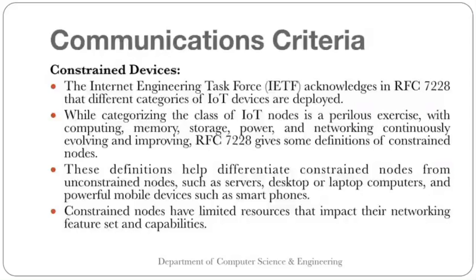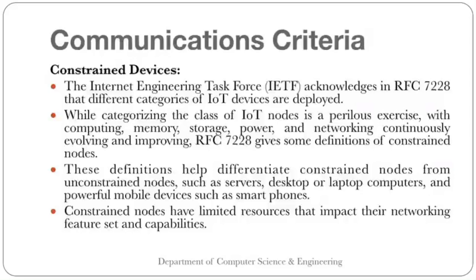So based on these categories, there are different categories of devices or IoT nodes. This definition helps to differentiate constrained nodes from unconstrained nodes such as servers, desktop or laptop computers, and powerful mobile devices such as smartphones.